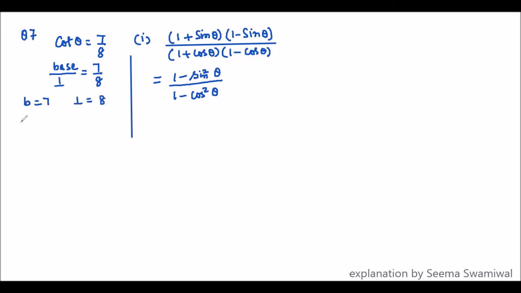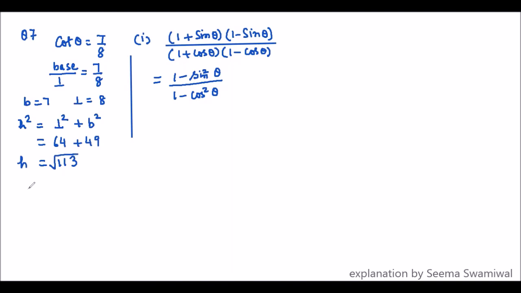By applying Pythagoras theorem, hypotenuse square is equal to perpendicular square plus base square. So this is 64 plus 49, which will give you 113. Therefore, hypot is equal to square root of 113.